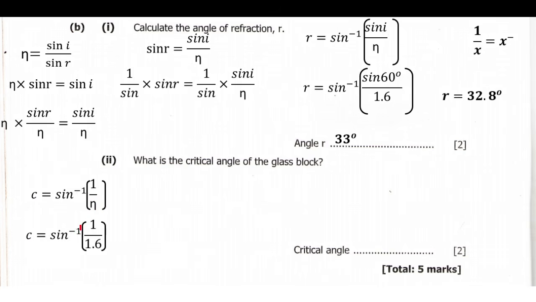So critical angle is equal to sine inverse of (1 over 1.6). After we evaluate everything, we get critical angle as 38.68 degrees. Again, we'll round this angle to a whole number without a decimal point and get 39 degrees.